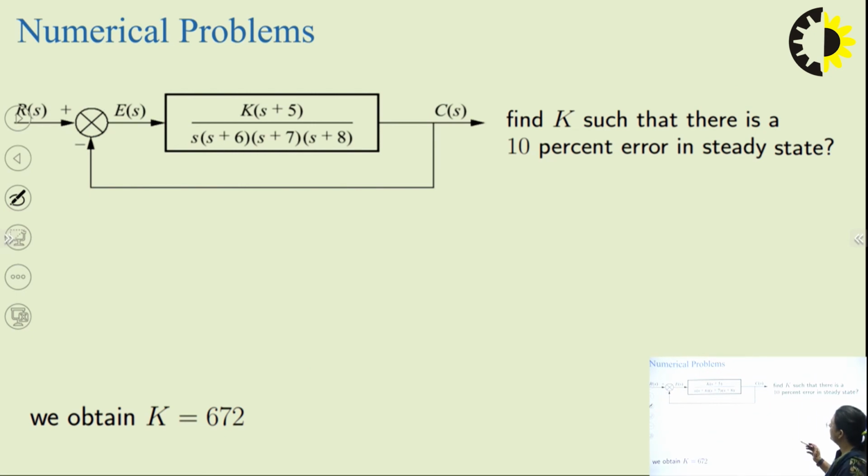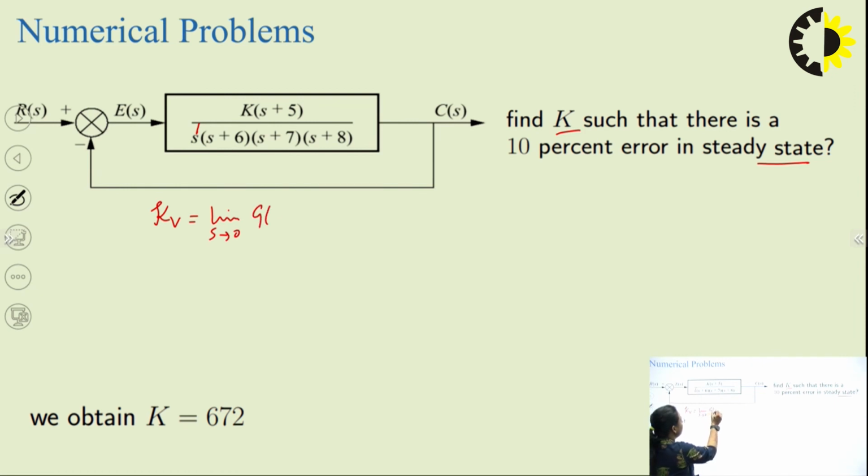Now this is another question. I have to find the value of K when the steady state error is around 10%, as given to us. Since we know this is a type 1 system, we can find the value of Kv, the velocity error coefficient for ramp input. We know Kv is limit s tends to 0 of s into G(s). I can calculate the value of Kv from here, and the steady state error is also given to me.